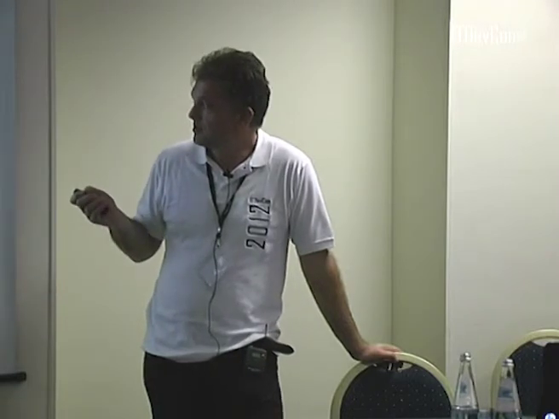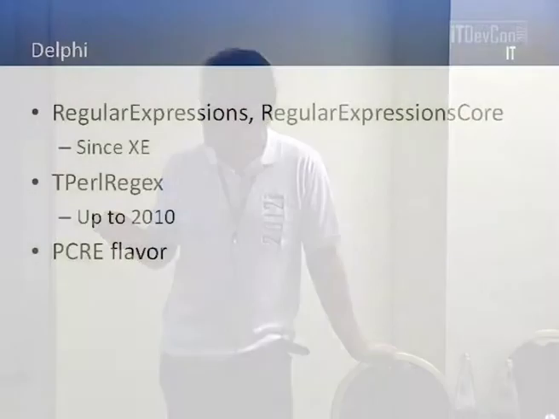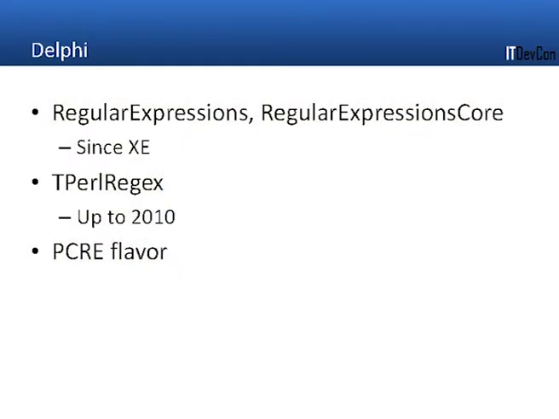I'm just mentioning others from time to time so that you know where the problems can be if you develop, for example, also for JavaScript. But I'll be focusing here. So Delphi uses PCRE, which means Perl Compatible Regular Expressions. It was a library built to mimic the behavior of the Perl language.